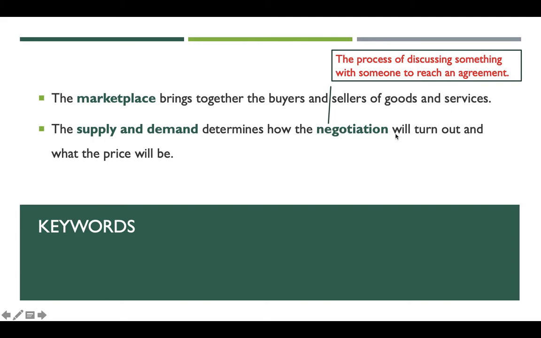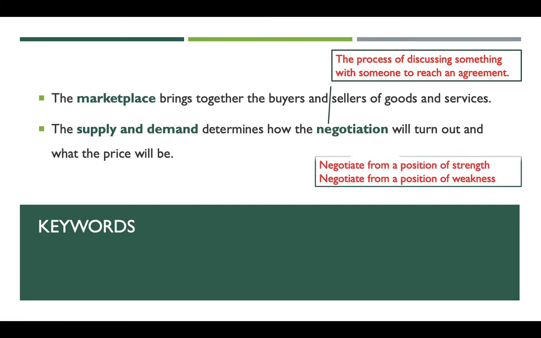And the verb form is negotiate. We have 2 useful expressions you can learn: negotiate from the position of strength and negotiate from the position of weakness. If someone negotiates from the position of strength, it means this person has more control in the discussions.